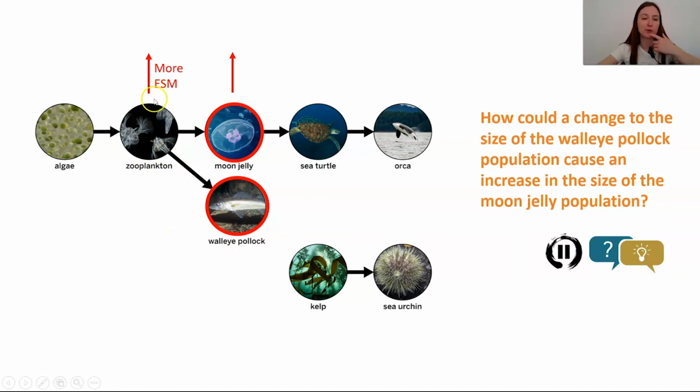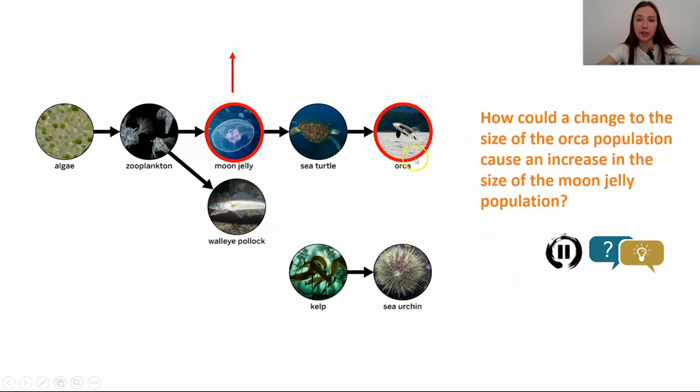There would be more of them because there would be less walleye polyp. Less walleye polyp would allow for more zooplankton because less deaths are happening when less energy storage molecules are required. So, if we see a decrease in the walleye polyp populations, this could have contributed to the moon jelly population increase.